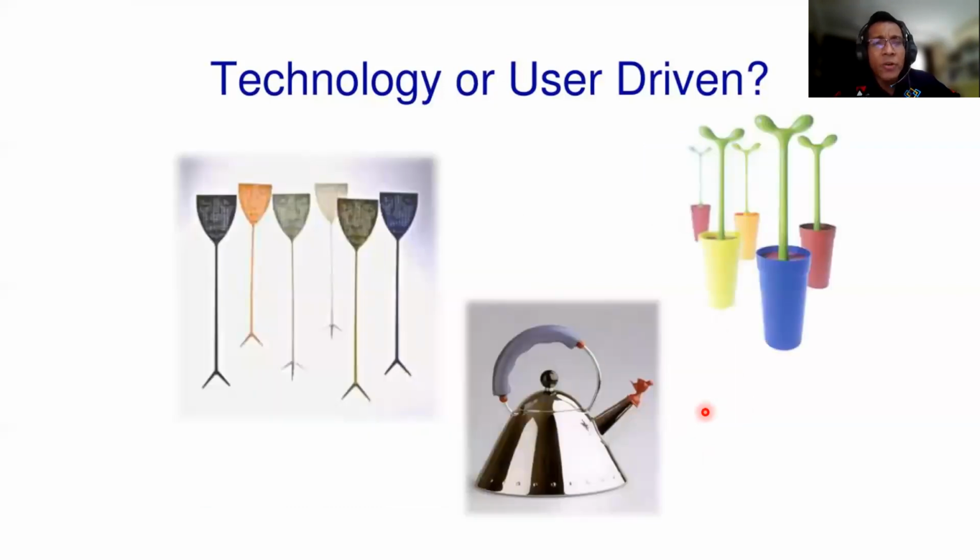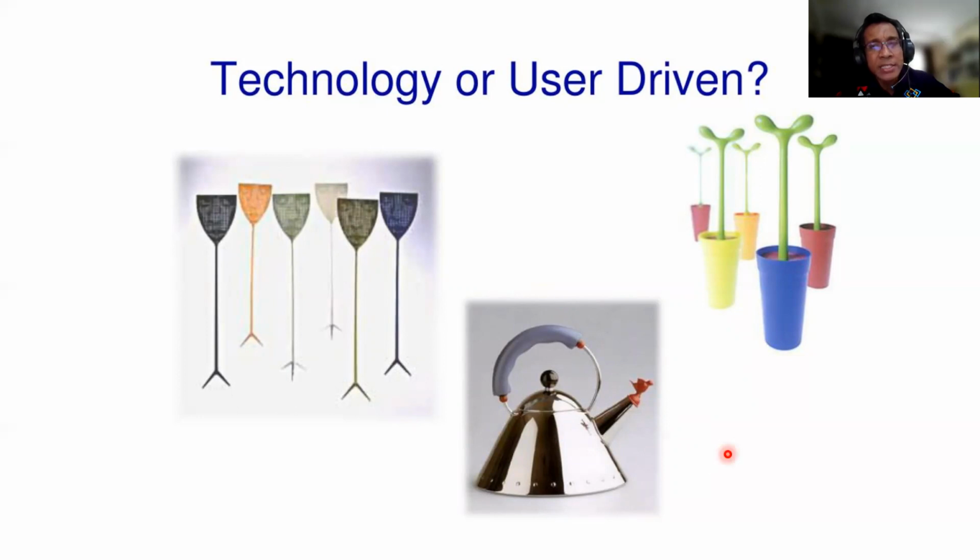It is similar for this one. You can see all these products as user driven. This one still has engineers involved in making the shape and choosing the materials for thermal and heating, but normally they focus more on the user driven side.